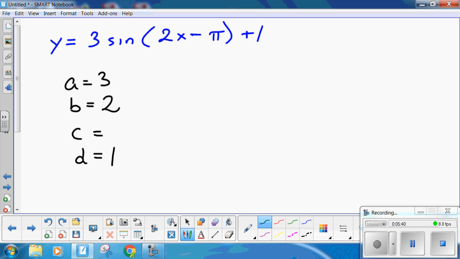The vertical stretch or amplitude is 3. B is 2. C, the phase shift, you don't know what it is because you have to factor out a 2.